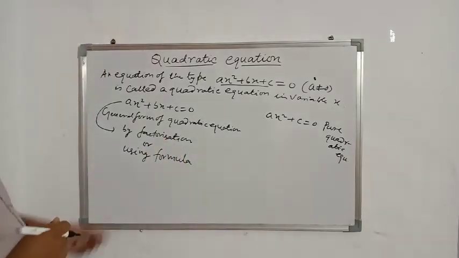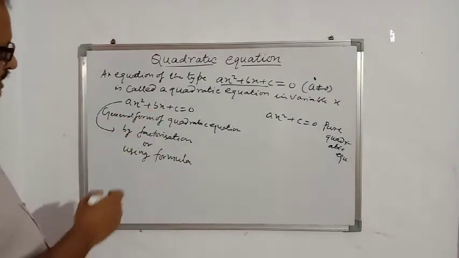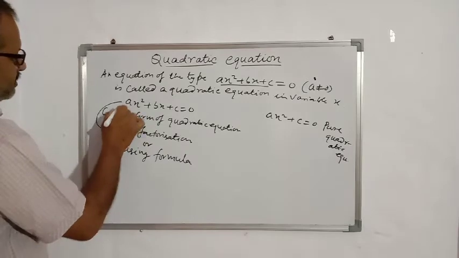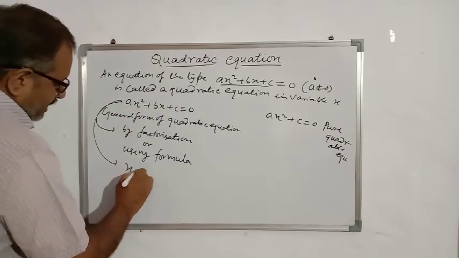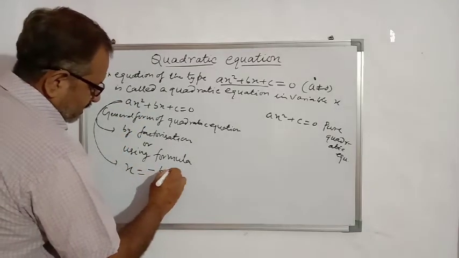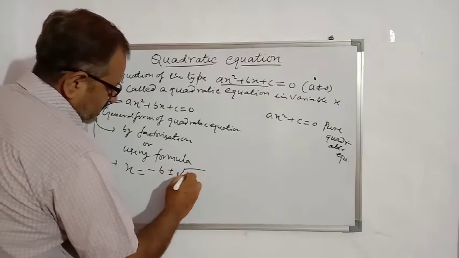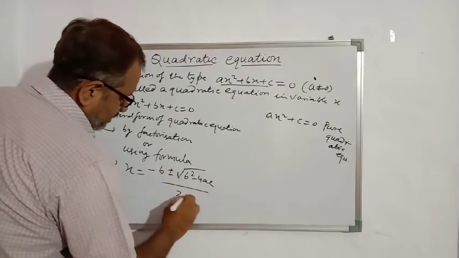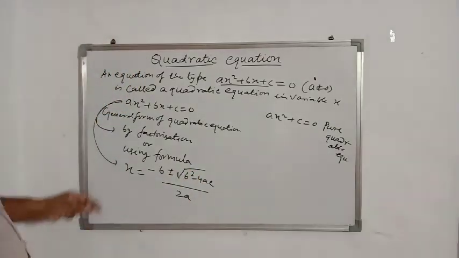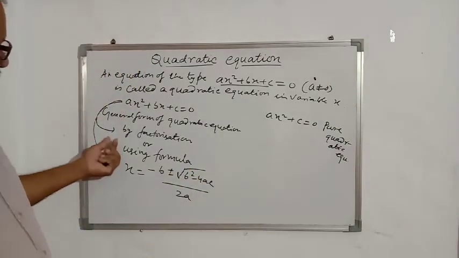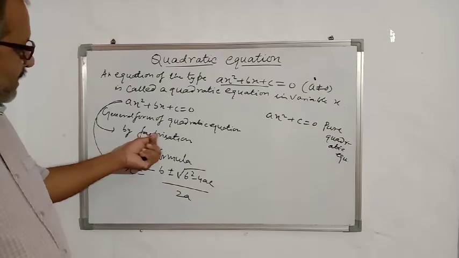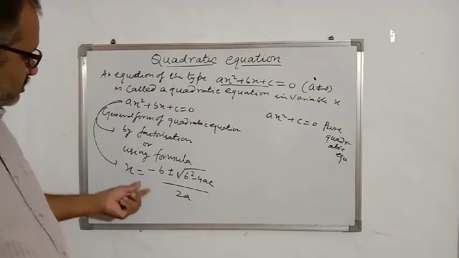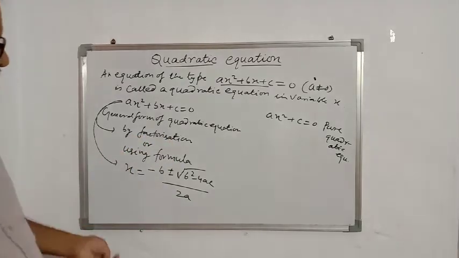Which formula we will use to solve this equation? Sridharacharya formula, x is equal to minus b plus minus under root b square minus 4ac by 2a. So we can solve it either by factorization or by using the Sridharacharya formula.